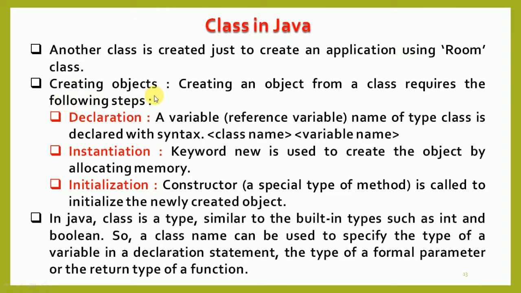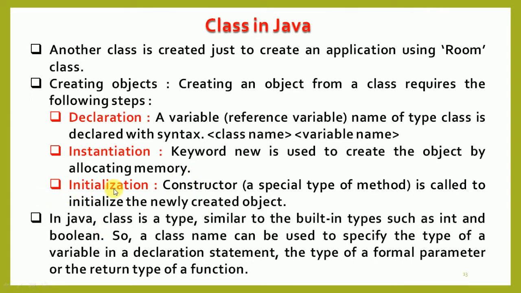Creating an object from a class requires the following steps. If you want to create objects of the class, these are the steps. First step is declaration. A variable or reference variable of the class type is declared with this syntax: the class name and then the variable name. After that, instantiation. The keyword new is used to create the object by allocating memory.